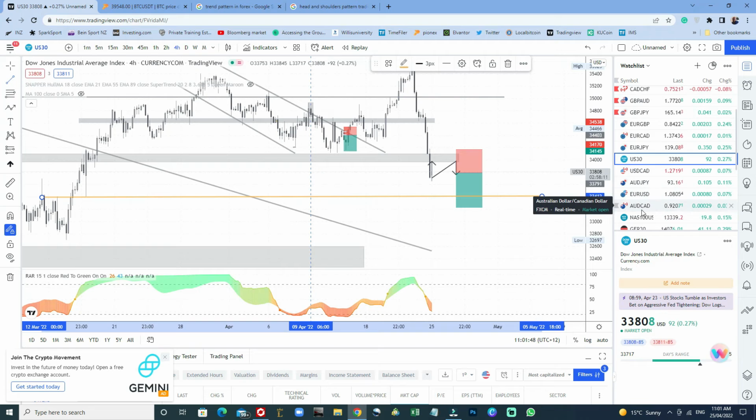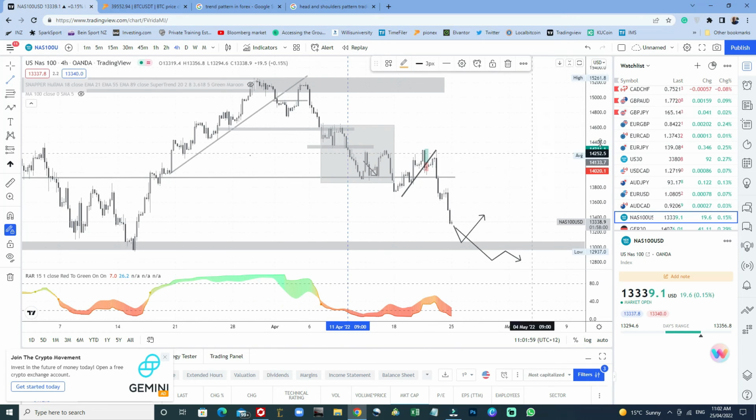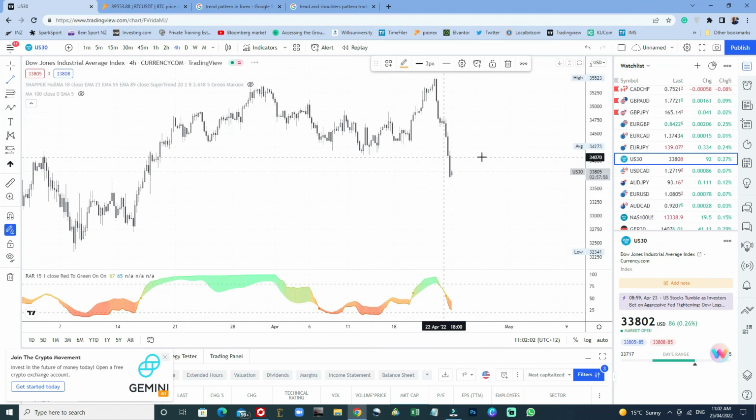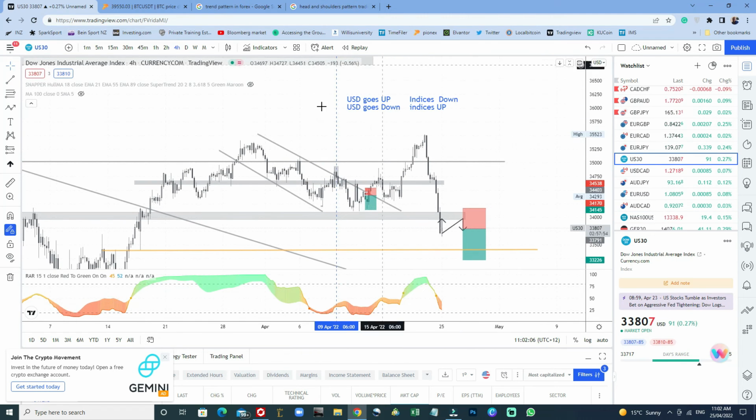Now let's take another indices. NAS100. NAS100 and US30 are correlated pairs, meaning that they always have the same direction all the time because they are indices. And these rules apply. The rules for indices apply, where when the US dollar goes up, indices go down.